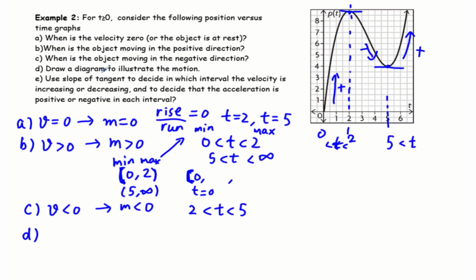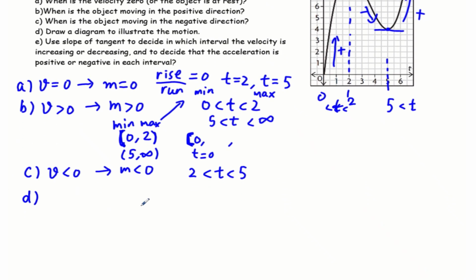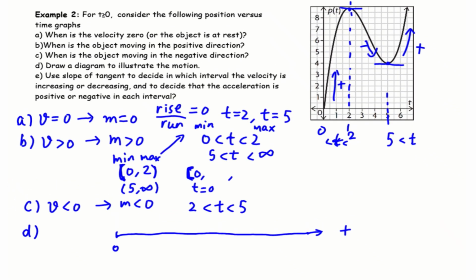Question D, draw a diagram to illustrate the motion. Okay, so this one is one direction. If we define this as the positive direction, and the position is 0, when it turns it is 8.